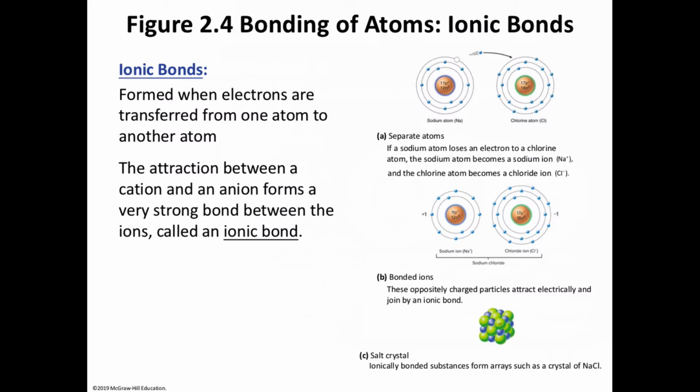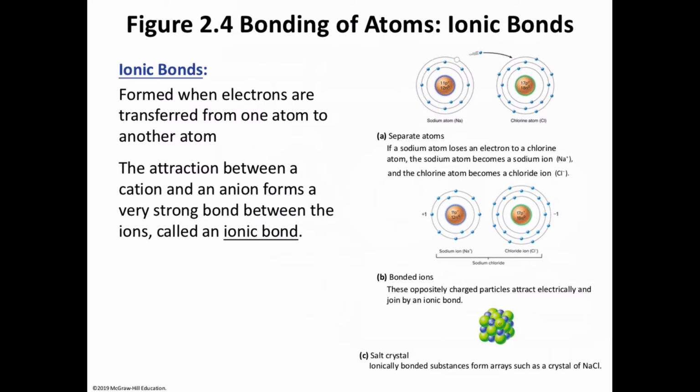The first bond is the ionic bond. I'll make it blunt. The ionic bond is formed when an electron is transferred. If you look closely at this figure, I'll call it figure 2.4a, it shows the sodium atom and a chlorine atom.